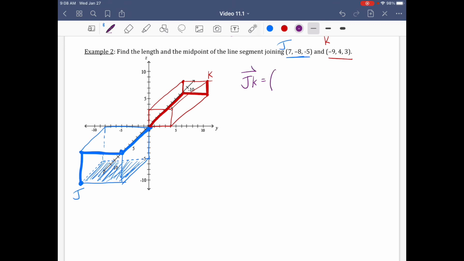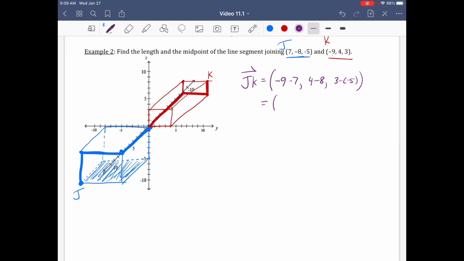So it's almost like we want to look at the vector from J to K. To get from J at positive 7 to negative 9, you would do negative 9 minus 7. You would do 4 minus negative 8. And you'd do 3 minus negative 5. And putting it in terms of a vector is really helpful because it gives you the components.